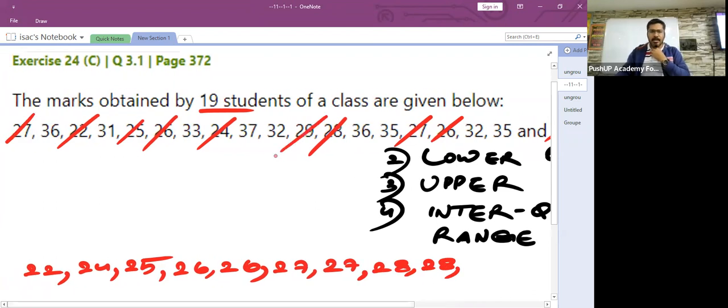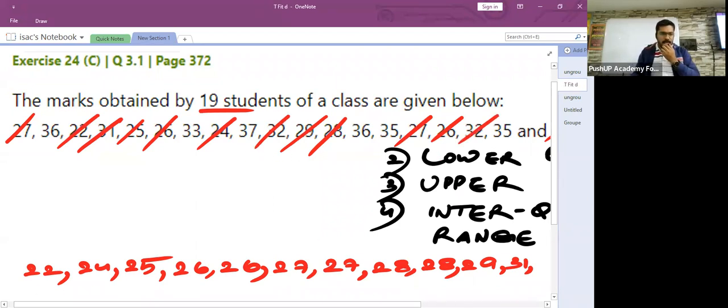Then what? 29. How many times? Only one time. Okay, 29. Then is 30 there? No, 31 is there, only one time. I'll note it down here. 31. Then 32 is there? Yes, 32 is coming two times. So 32, comma 32.